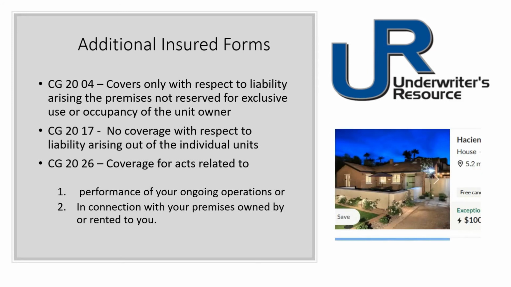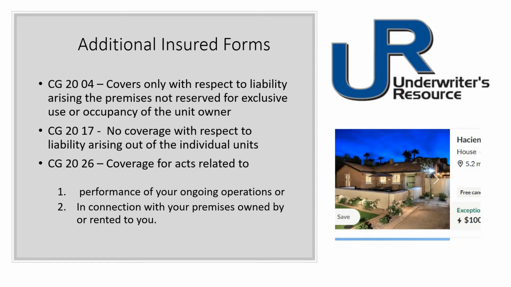If we take a look at the coverage provided by those additional insured forms, we'll understand why the individual unit owners would still have to buy their own CGL coverage. First of all, the CG 2004 condominium complexes, they only cover with respect to liability arising out of the premises not reserved for exclusive use or occupancy of the unit owner. Therefore, that individual interior condo is not covered. Now, CG 2017, there is no coverage with respect to any liability arising out of the individual units.